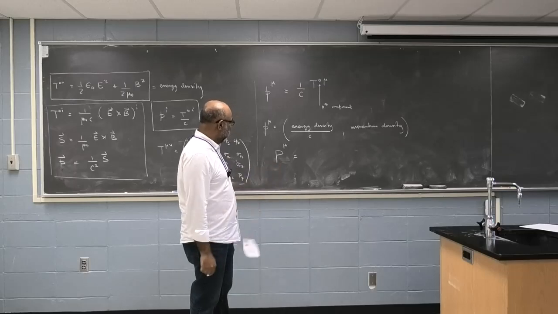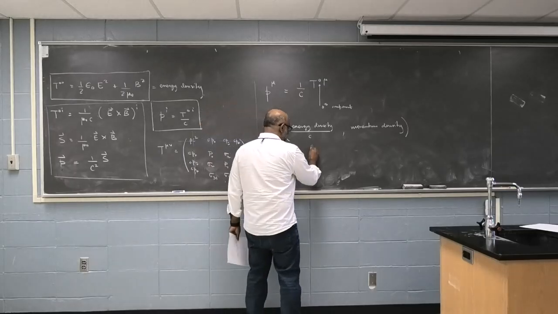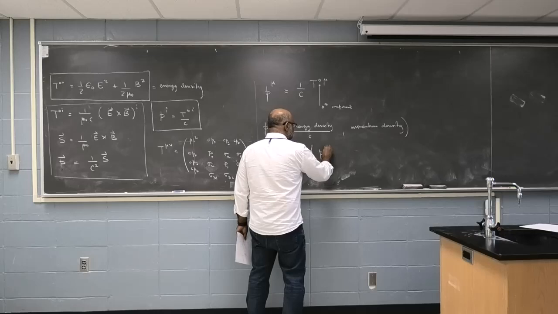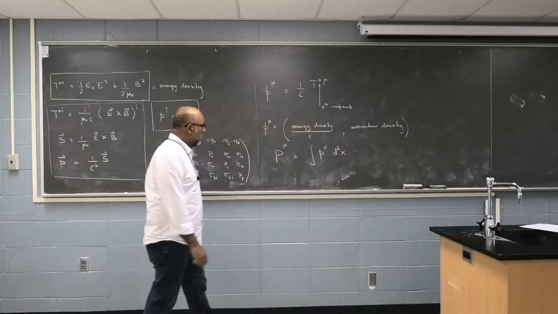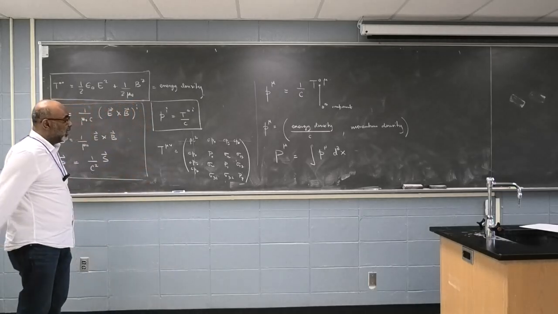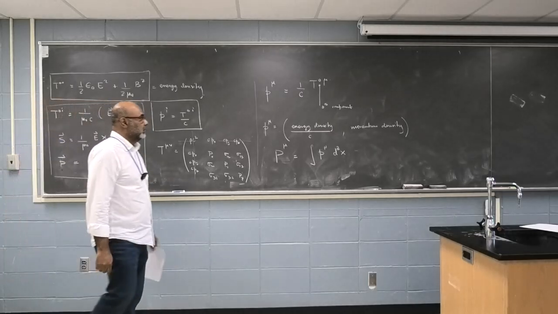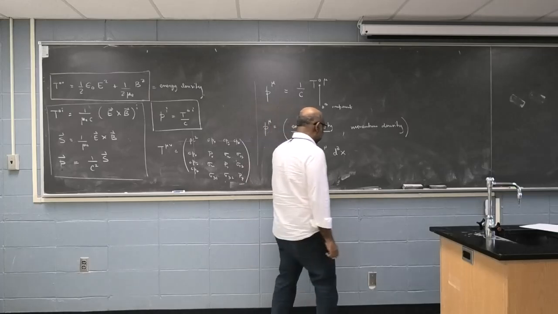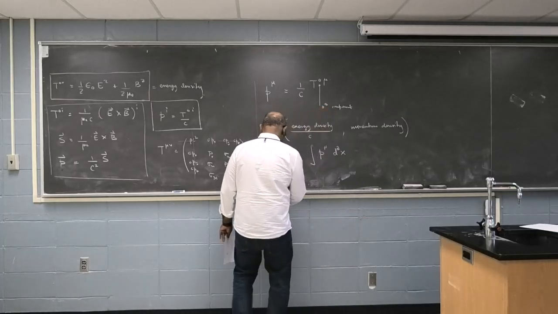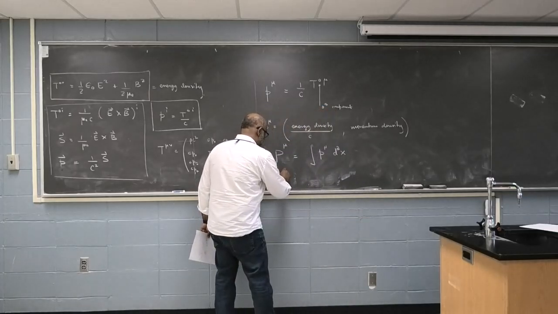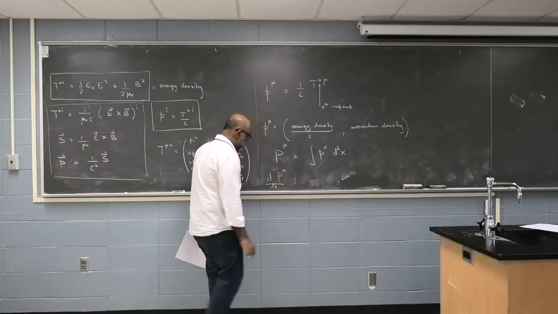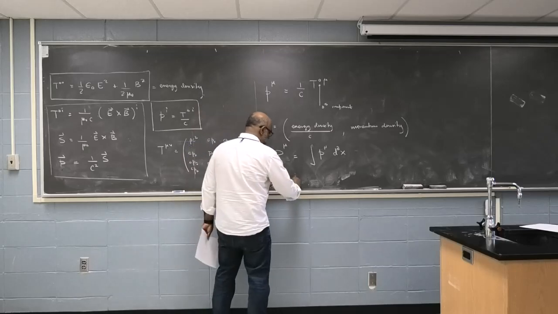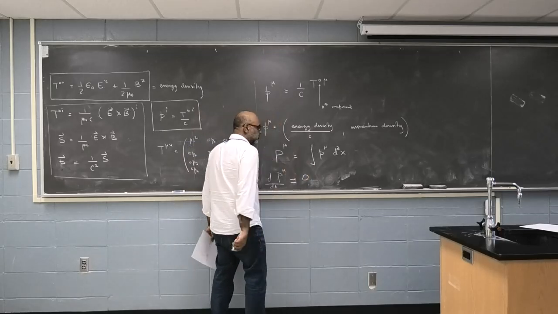You have fixed the inertial frame, and then you take this P mu and you integrate over all space. What I will show is this is in fact a conserved quantity. What I'll show is that if I take the time derivative, this is d/dt, I get that to be 0.